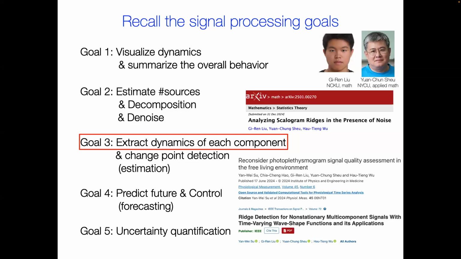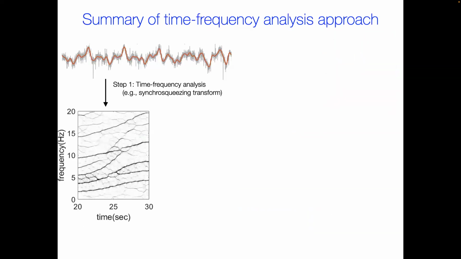Okay, so that is the medical problem at hand. And this is usually the mission and overall structure. And this is where I will target. So I give you a very quick summary of the mission I want to achieve, and how to use the time frequency analysis approach.